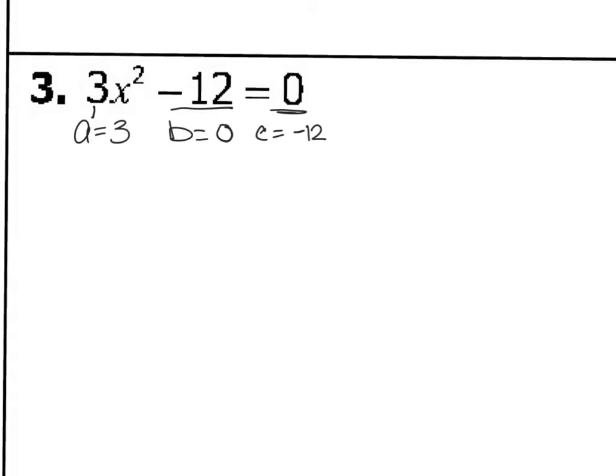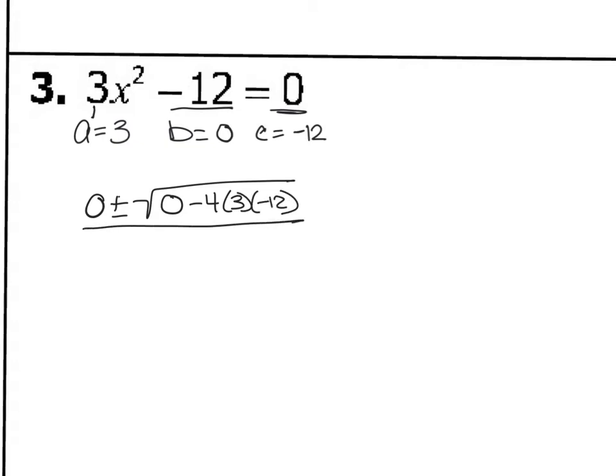So opposite of b, well, 0 is 0. Plus or minus the square root of b squared, which is 0, minus 4 times a times c, over 2 times a. So we got 0 plus or minus the square root of 0 plus 144.